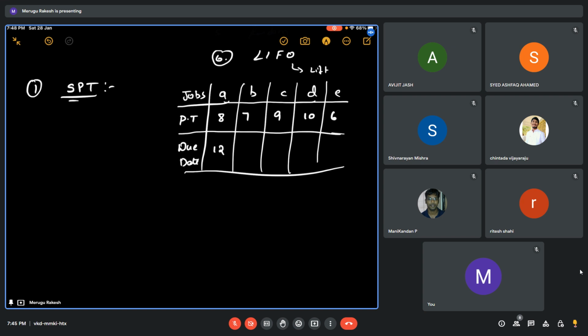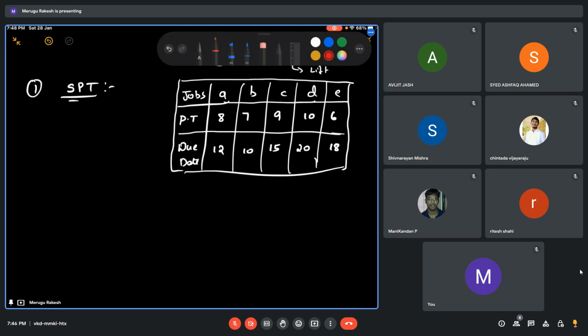Then the due dates are 12, 10, 15, 20, and 18. You can note down these values. So now the first model is shortest processing time. If you see here 8, 7, 9, 10, 6, you can directly write this sequence.